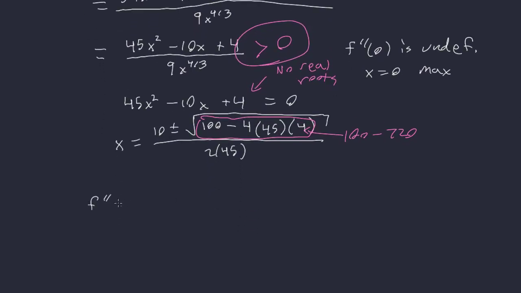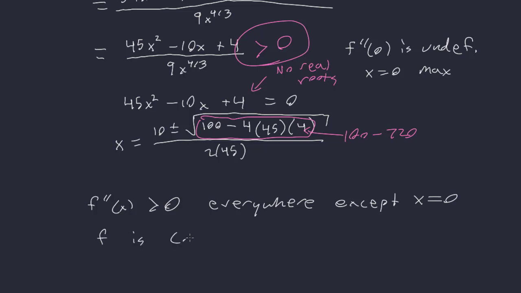So f double prime is positive everywhere, except x equals 0, but that's just because f double prime is undefined there. All right, so that means f is concave up everywhere. So there are no inflection points. And this is provided x doesn't equal 0.